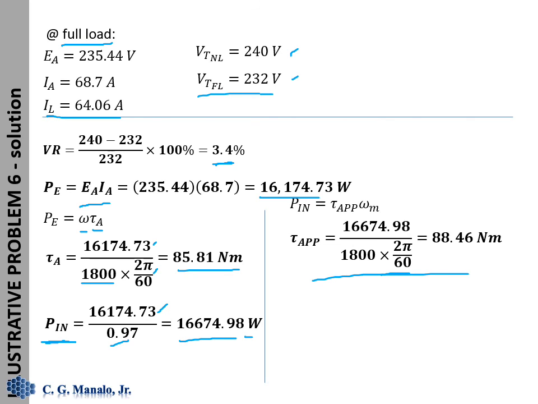In fact, we could compute this by also dividing tau sub A by 0.97, and that should give us the same answer. This is also equal to the input power divided by the same mechanical speed.